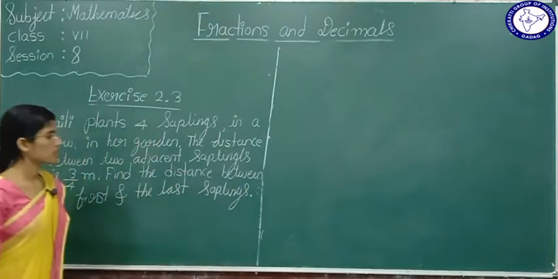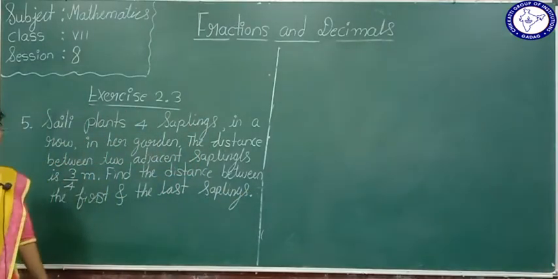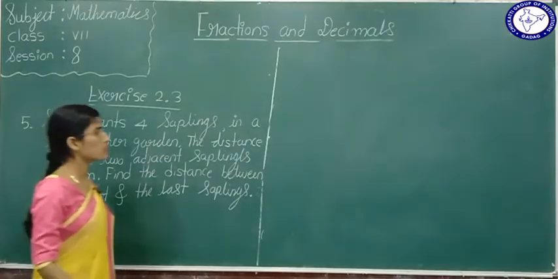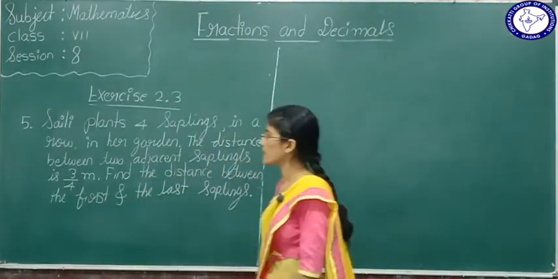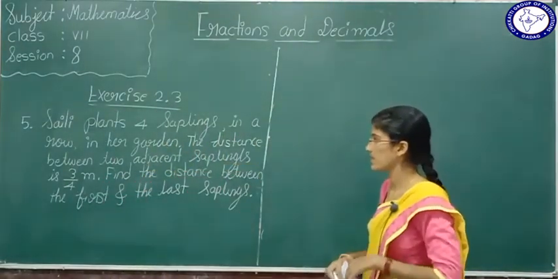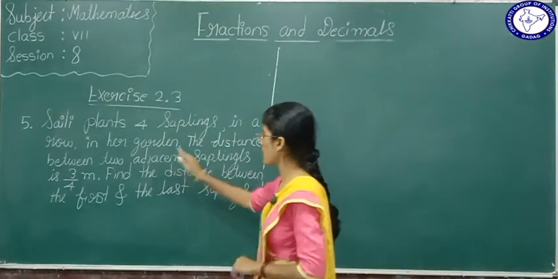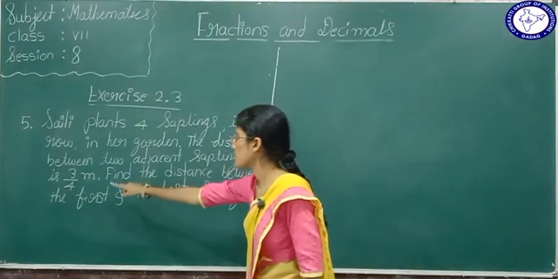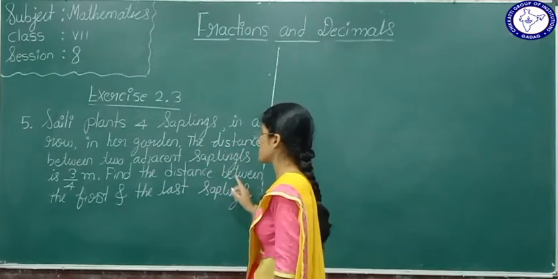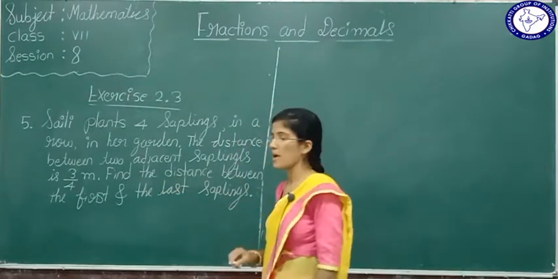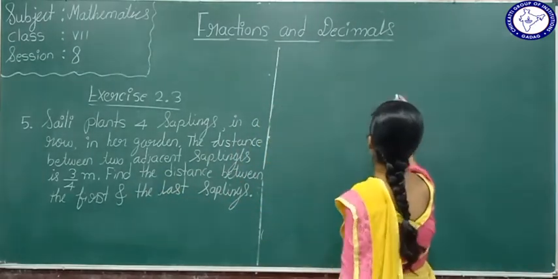Now see students, the fifth one tells us that Siley plants 4 saplings, okay, in a row in her garden. The distance between 2 adjacent saplings is 3 by 4 meter. Find the distance between the first and the last sapling. See what it means?